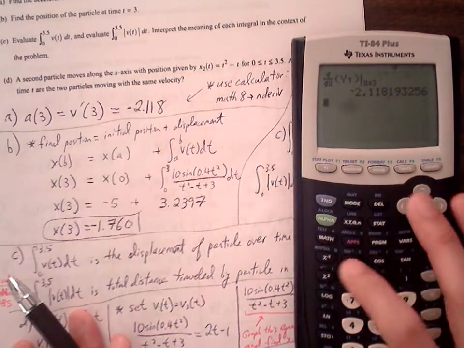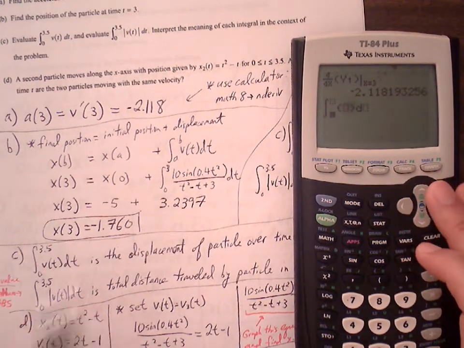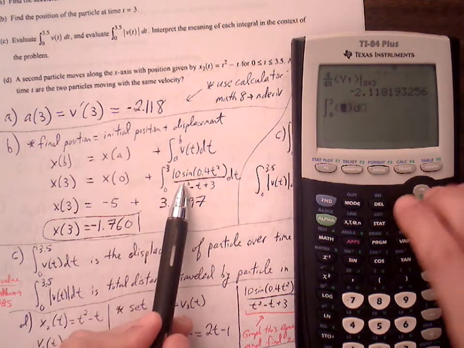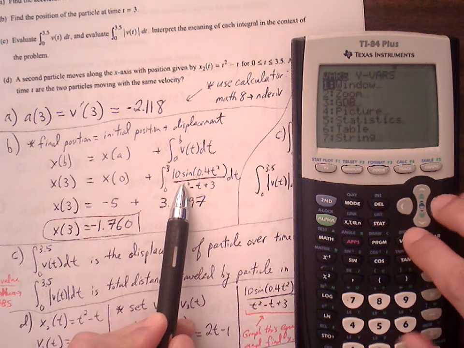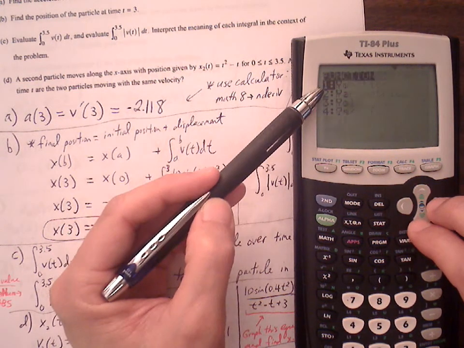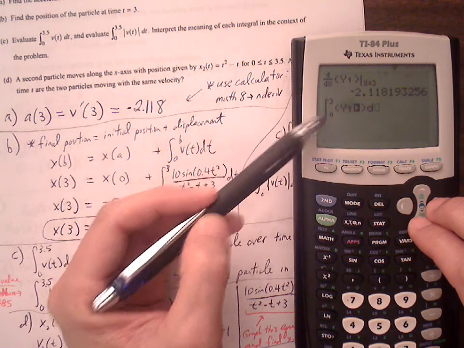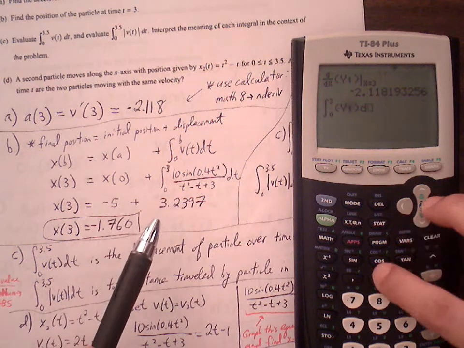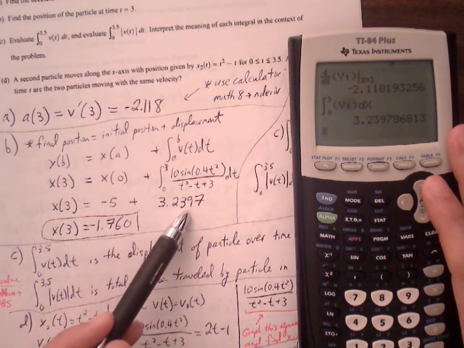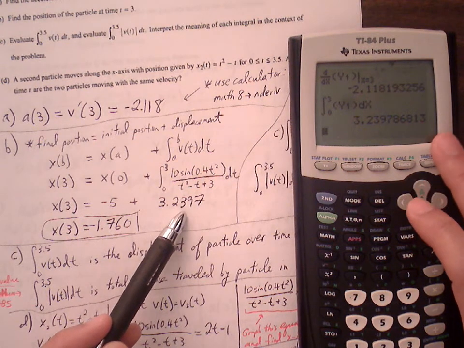You can do math 9 from 0 to 3. Again, rather than typing everything in, I'm going to rely on vars, Y-VARS, function y1, which holds my velocity function, dx. And this will give me a displacement of 3.239.